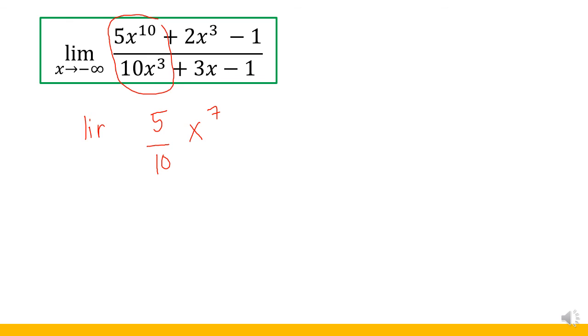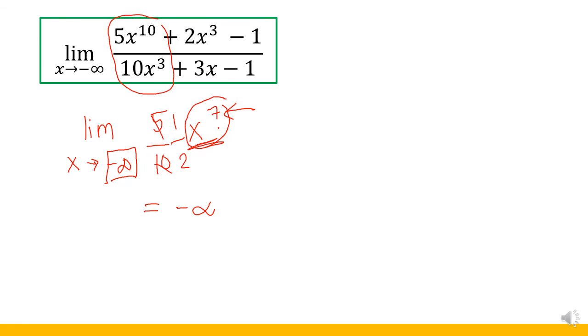Limit as x approaches negative infinity. So again, this is 1/2. Then x to the 7 is a variable with an odd exponent. So the sign of the infinity will matter. This will still be negative, since it is raised to an odd exponent. So negative infinity is our answer here.